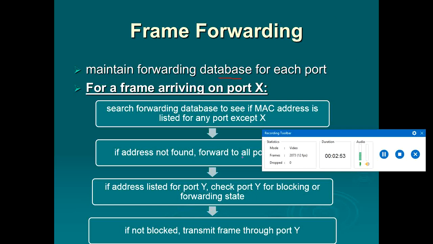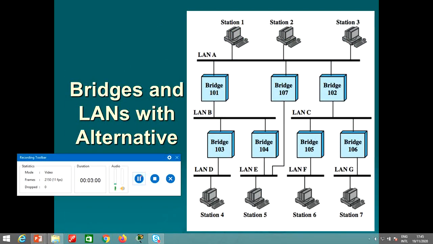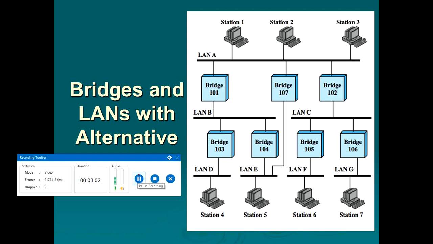Alright, so let's go back to the example which we did in the last class. For example, over here, this is bridge 102. For this bridge 102, the stations on the LANs C, F and G are on the same side of the bridge as the LAN C port.